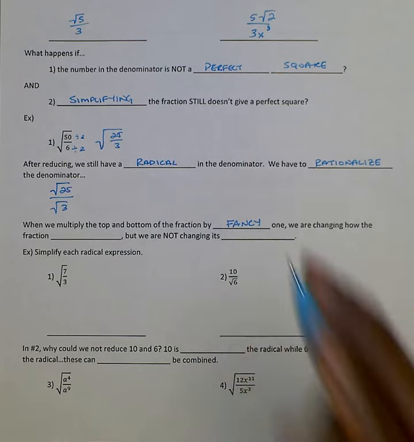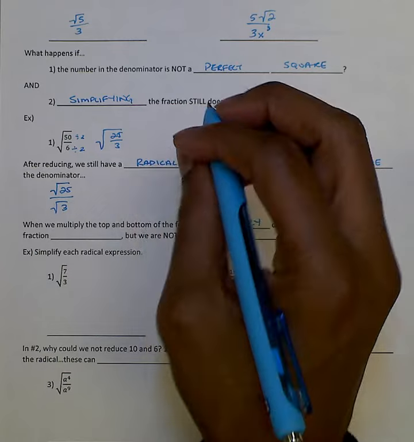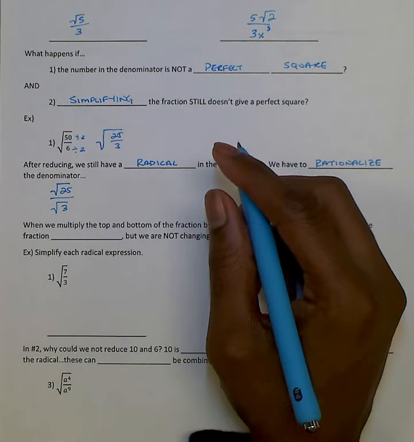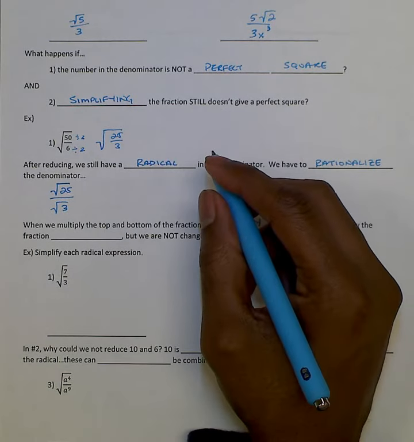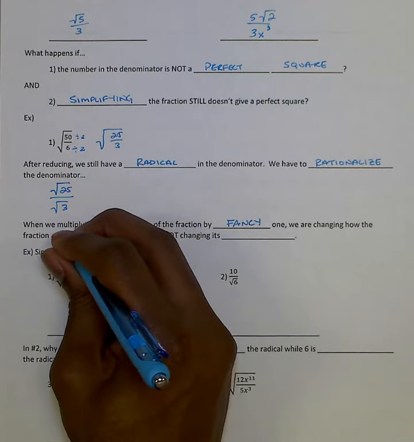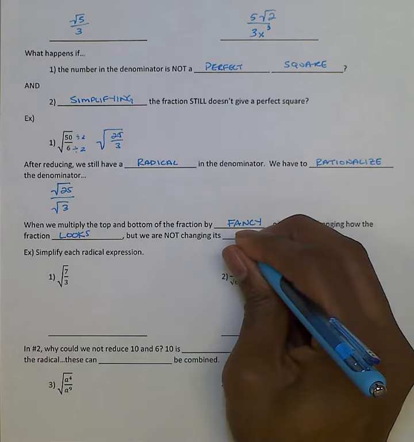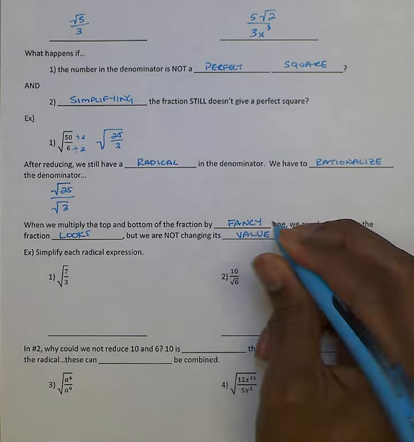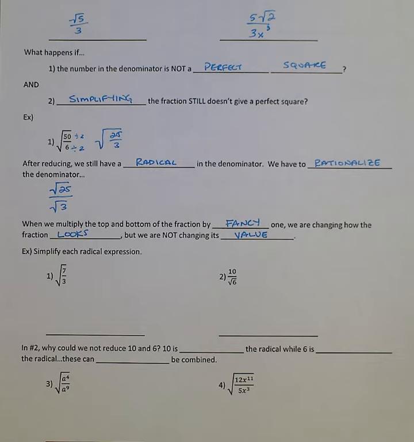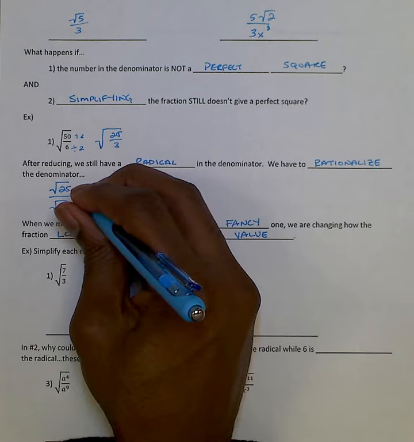Okay? Fancy 1. And the reason I call this fancy 1 is, well, if we multiply something by 1, we're changing how the fraction looks, but you know that multiplying by 1 doesn't change its value. Okay, if you think of any number and you multiply it by 1, it'll be that number. Okay? But, like I said, it's called fancy 1 because we're going to dress it up a little bit.